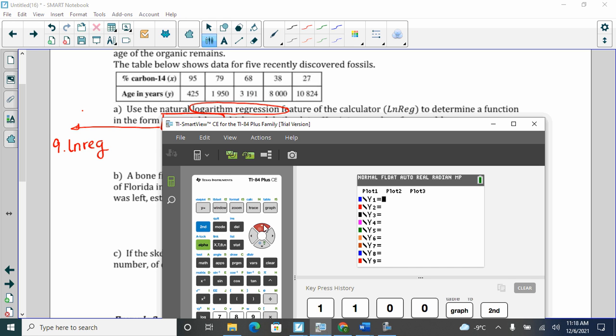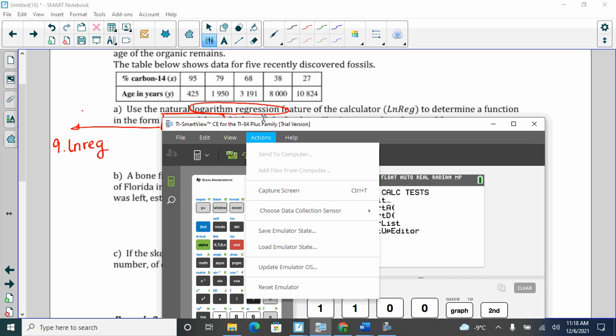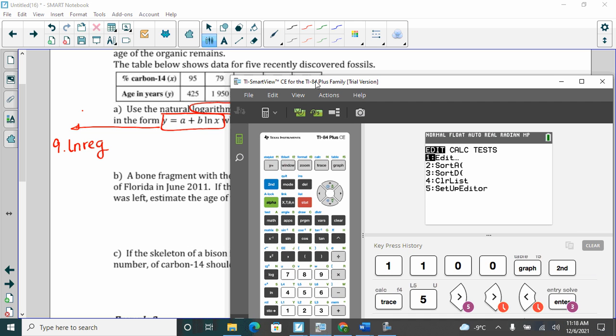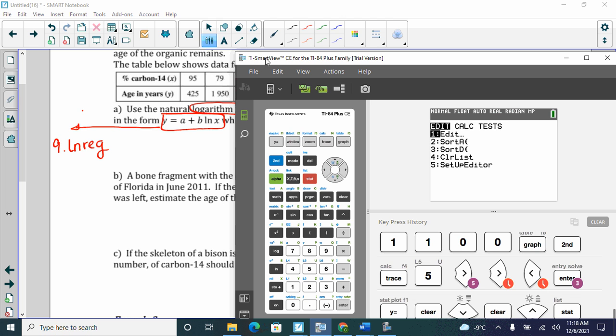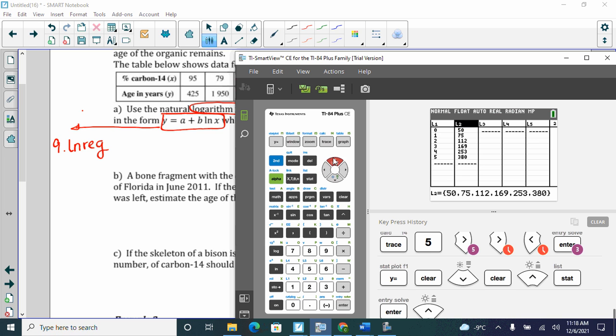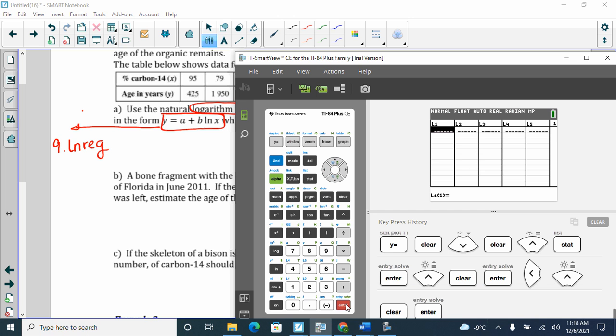All right, so we go stat, edit. And then we clear our lists. Clear them, type in our stuff.